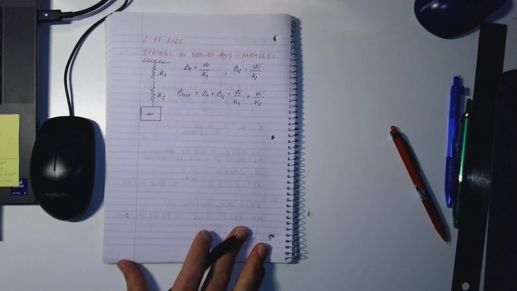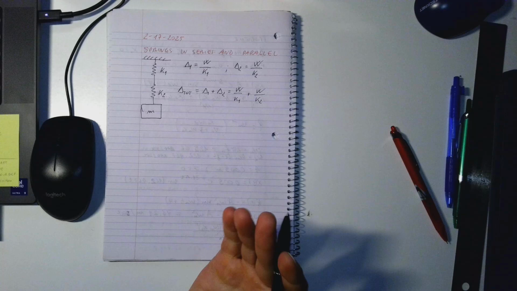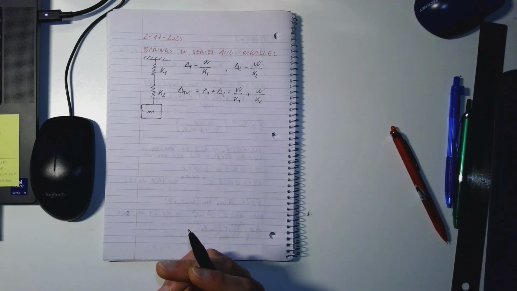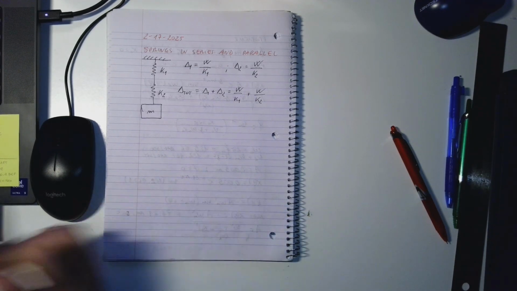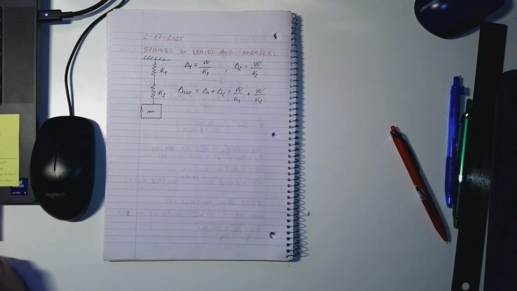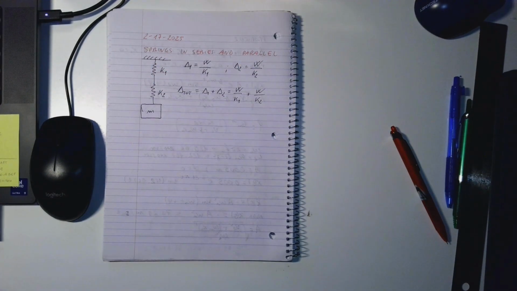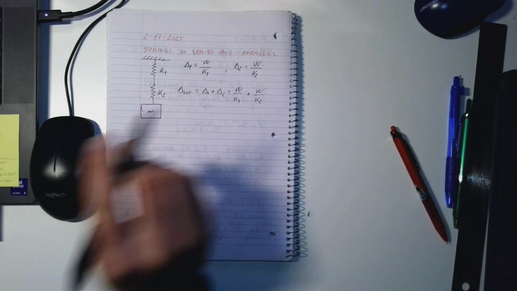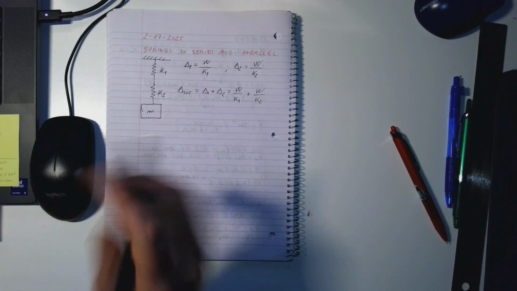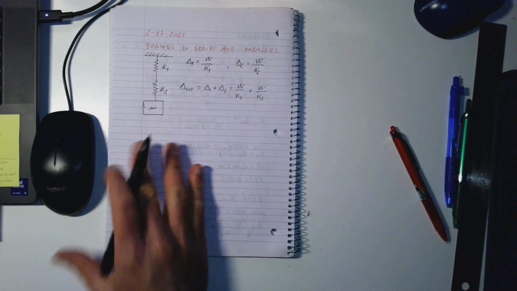Make sense? Now, the goal in this case is to find the equivalent elastic constant of these two springs together. So if we consider that these two springs are like, let's say, a single block, we can introduce again the equivalent elastic constant.